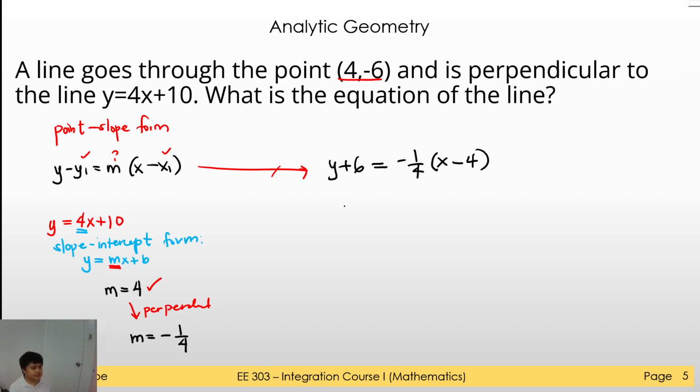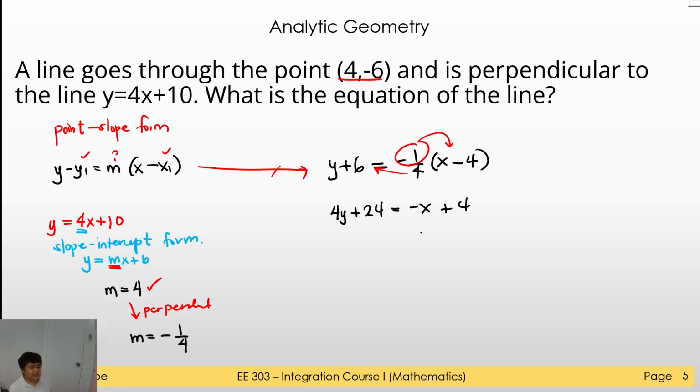Simplifying this, we have y + 6 = ... actually, the best way to do this is to cross multiply the 4 to the other side of the equation. So we have 4y + 24 = and then distribute the negative 1 to each, so we have -x + 4.